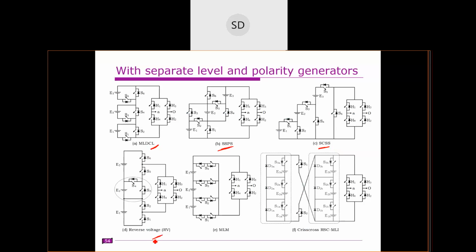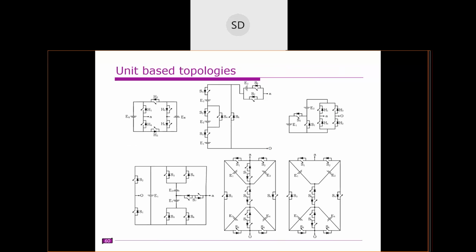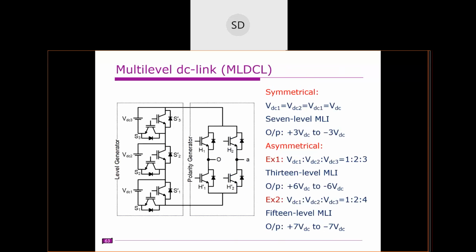Then reverse voltage, the multi-level module, and the crisscross topology. These all come under the separate level and polarity generator. We'll discuss them one by one. We have other topologies too, and we will come back to those. The first one is the multi-level DC link.